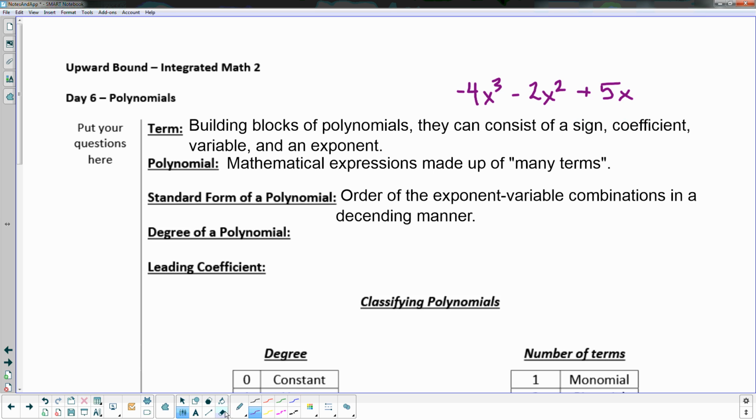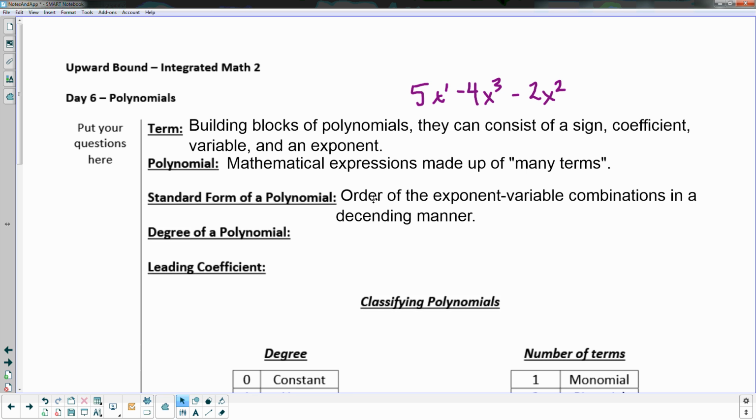And in fact, I want to write that a different way to start. If I were to write this way, that would be the same thing that I tried to just write a second ago. But notice that I have this x, and this x is actually, like we said before, to the first power. And with that being the first thing, it's not in standard form because I don't have the highest power of x coming first.